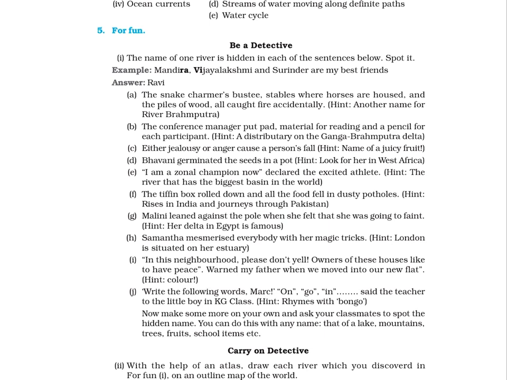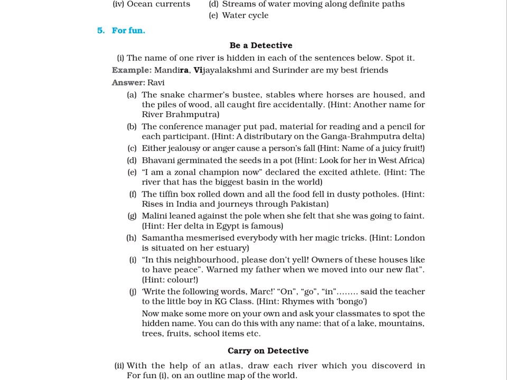E. I am a zonal champion now, declared the excited athlete. Hint. The river that has the largest basin in the world. F. The tiffin box rolled down and all the food fell in dusty potholes. Hint. Rises in India and journeys through Pakistan.